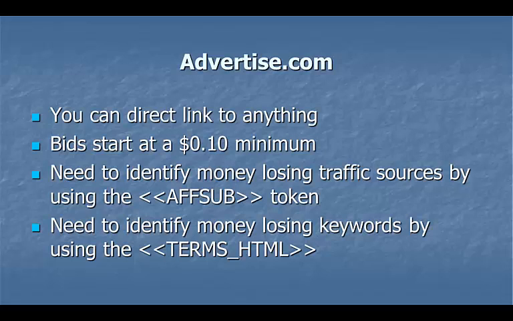You need to identify the money-losing traffic sources by using the AF sub token, okay? And that will tell you which websites are providing you with good traffic and which websites are providing you with poor traffic, okay? You also need to identify money-losing keywords by using the terms_HTML token. Okay, so you're going to be passing the AF sub token and the terms_HTML token to identify the keywords that are converting for you and the partner websites that are converting for you.